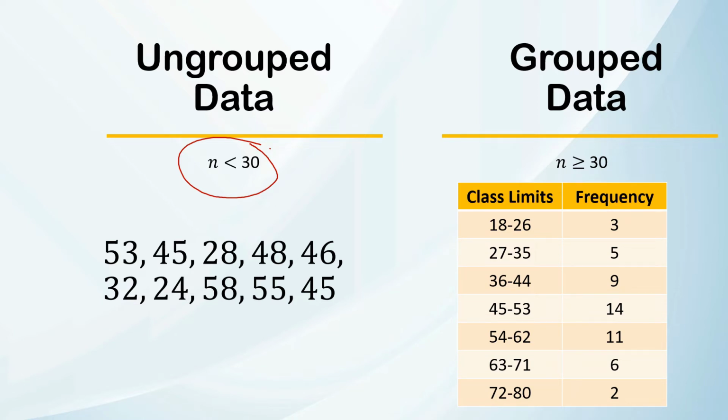But once the data reaches 30 or exceeds 30, so N is greater than or equal to 30 na, you can now group the ungrouped data. So you can create a class interval like this. This is the class limits or the class intervals and the frequency in each class interval.